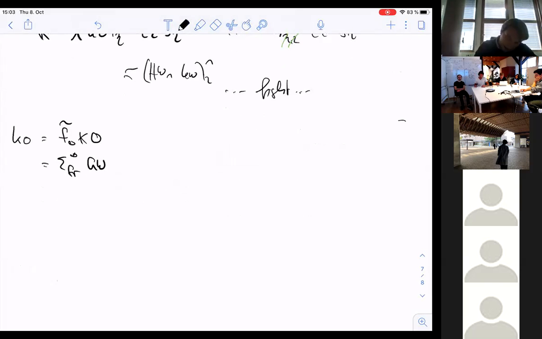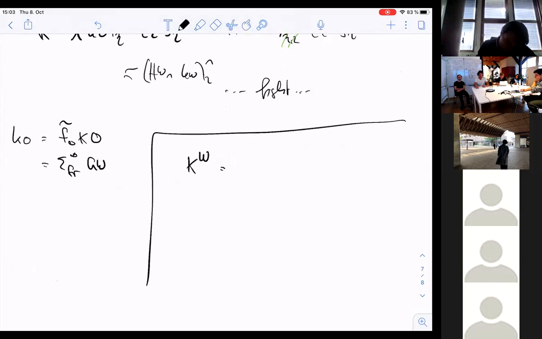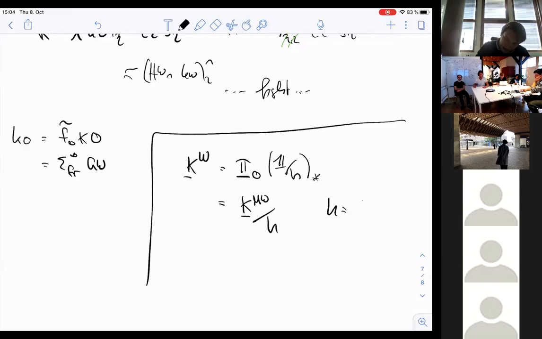This is some technical guy, but capital K upper W is the same thing as pi 0 of the homotopy sheaf of Milnor-Witt K-theory, and then you divide by this element h, where h is the hyperbolic plane, 1 plus minus 1.